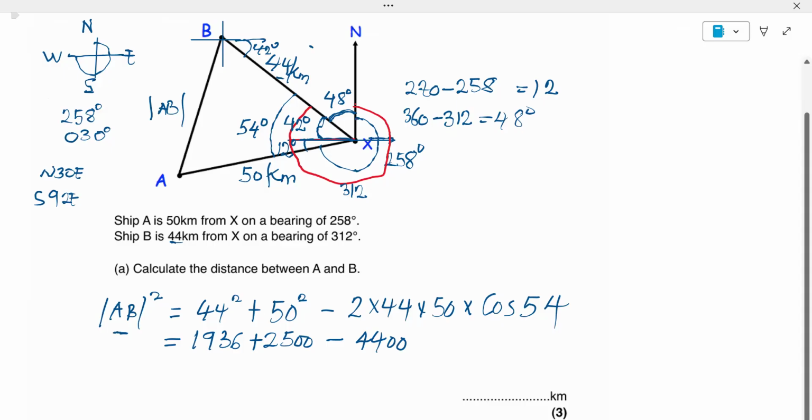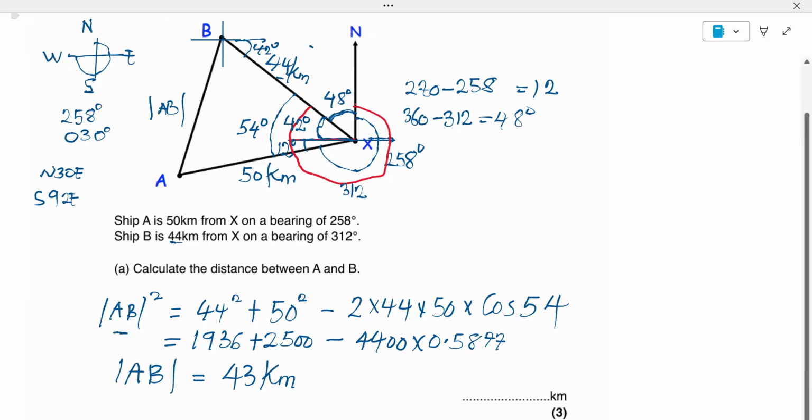So the cosine of 54 to 4 decimal places is going to be 0.5877. So we have that figured out, right? If we calculate through, we are going to arrive at a value of 43 kilometers. So after computation, we should be able to get 43 kilometers. So 43 kilometers will be the size of AB.